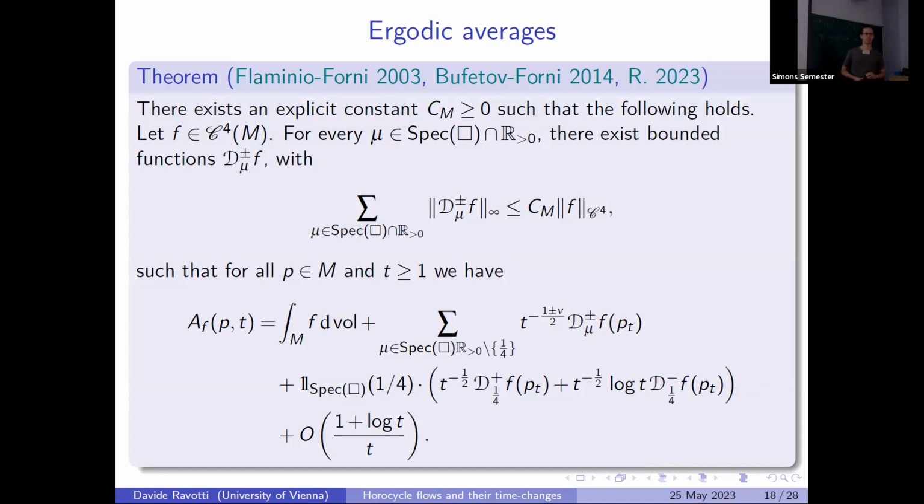Are there any more questions? Is there any similar result when it's non-compact? When it's non-compact, you have problems. One problem being that the horocycle flow is not uniquely ergodic because you have closed orbits.